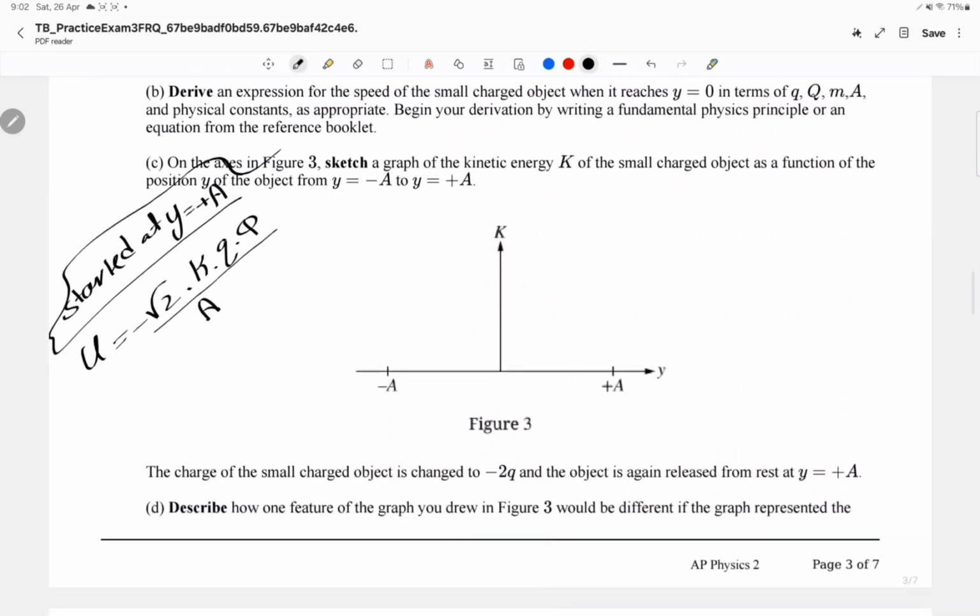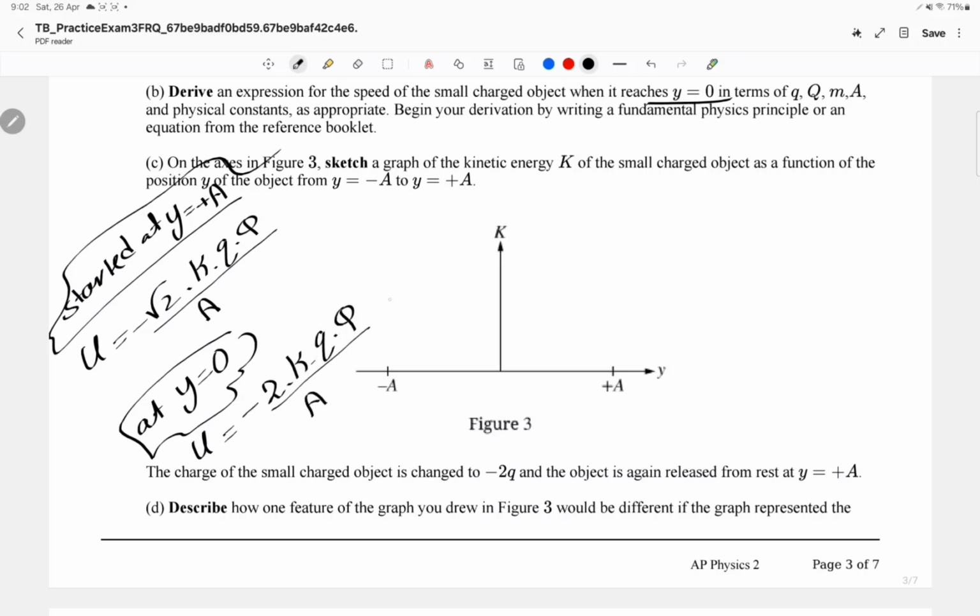Okay. That was where we started. And then at y of 0, the u became larger, became negative 2 k q over a, and plus some k e.